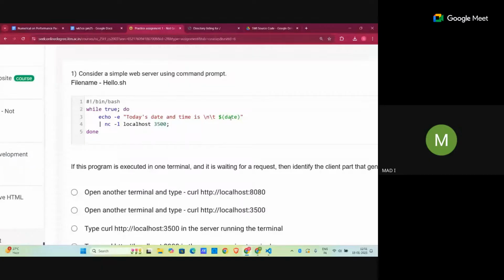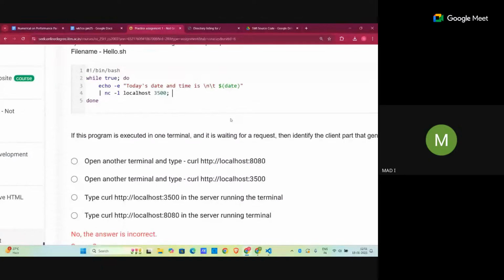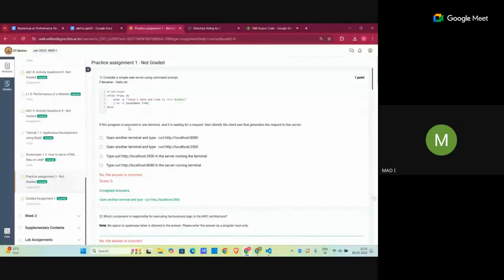Now what is said is: if the program is executed in one terminal and is waiting for a request, then what is the client part that generates the request? Here we will be running the server on one terminal. If you want to work as a client, we will open another terminal and type the curl command. The port number is specified as 3500.